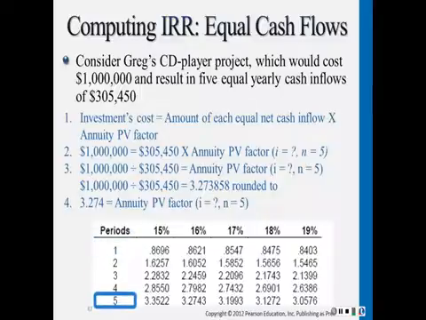Choose the column with the number closest to the annuity present value factor you calculated in Step 3. The 3.275. The 3.274 annuity factor is in the 16% column. Therefore, the internal rate of return of the CD player project is 16%.